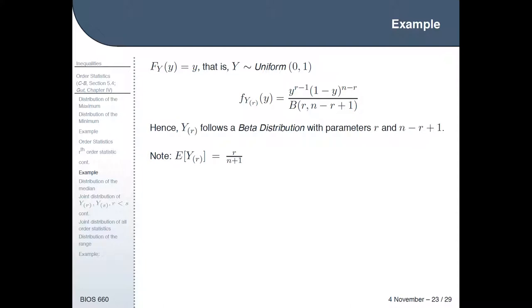Quick note in passing: the expected value of the rth order statistic is just the expected value of a beta distribution, which is r over n plus 1. That kind of makes intuitive sense: if you split the interval 0, 1 up into a bunch of partitions, the expected values of these order statistics would be evenly dispersed throughout that interval.